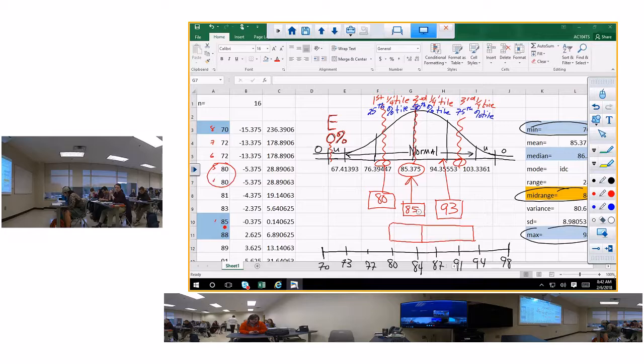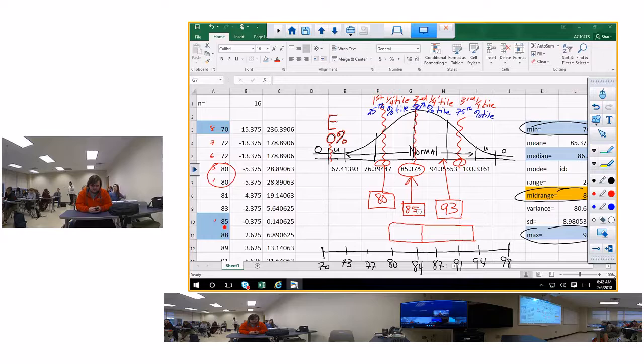It starts with an M. Some people say it starts with a C, but it's not a number. It's the middle. The middle.